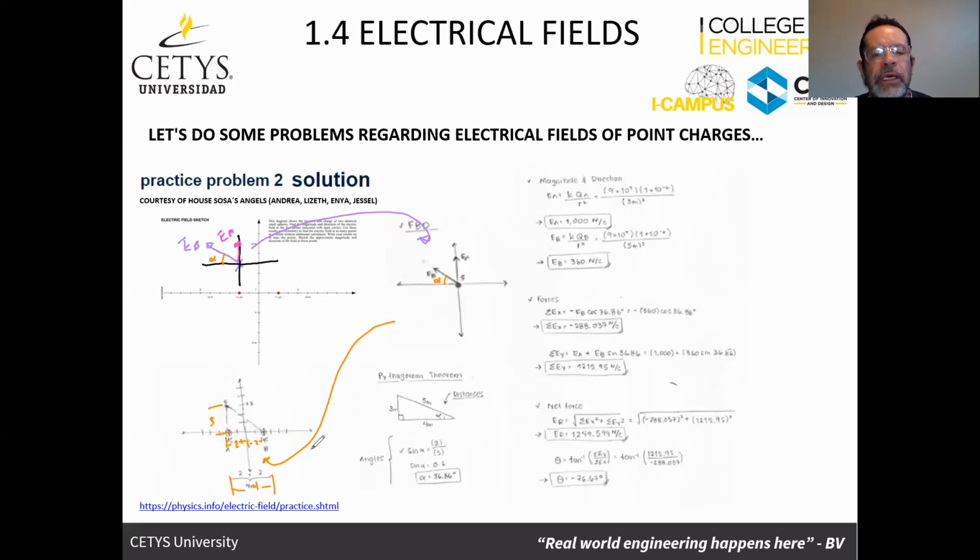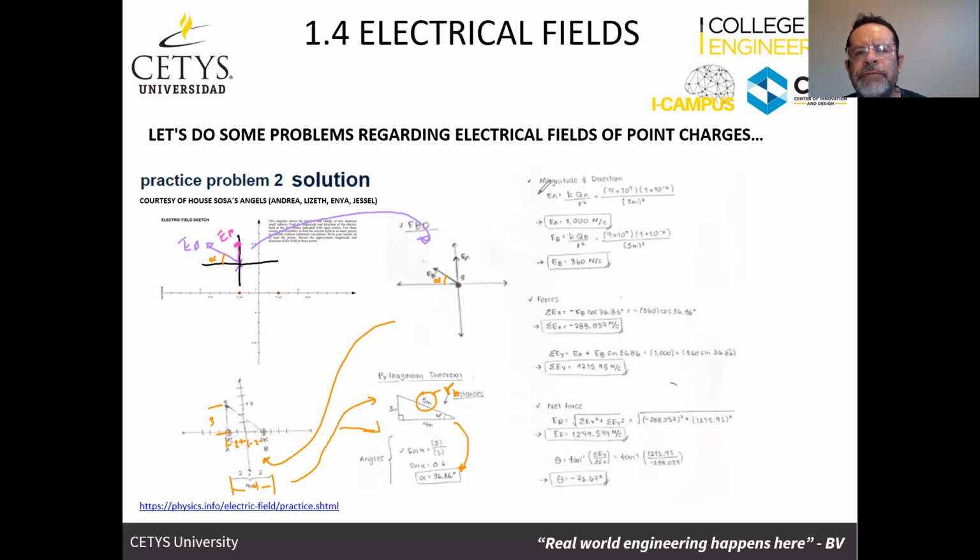So we've got everything we need to use the Pythagorean theorem and some trigonometry to find the hypotenuse, which would be R, or the distance for B, R for B, and also to find the angle alpha. So we can do that. Very well done. I think Enya did this one. I really like the very nicely written procedure.